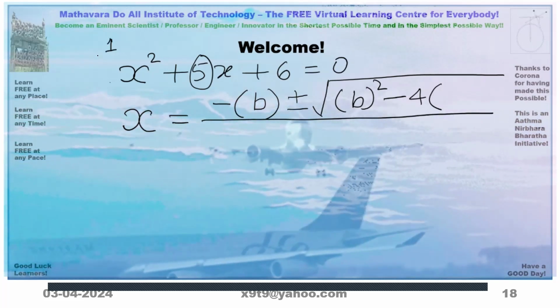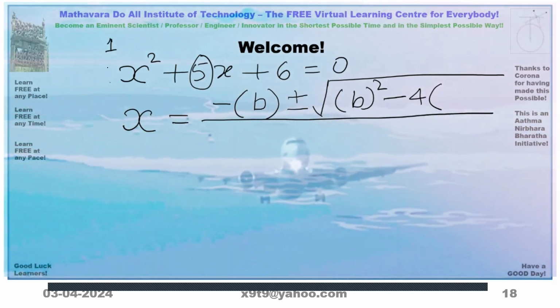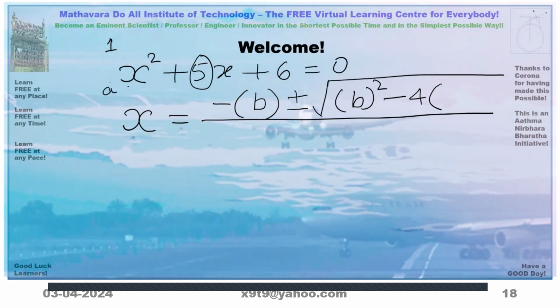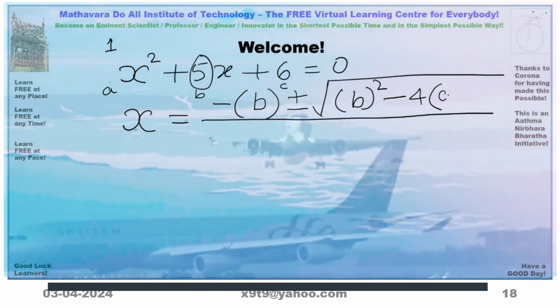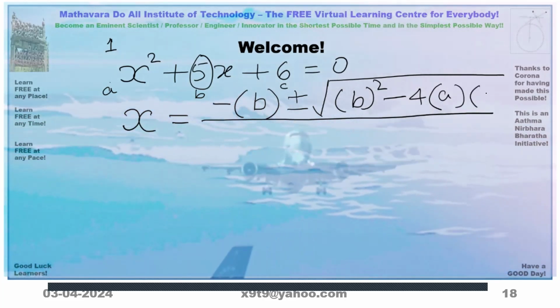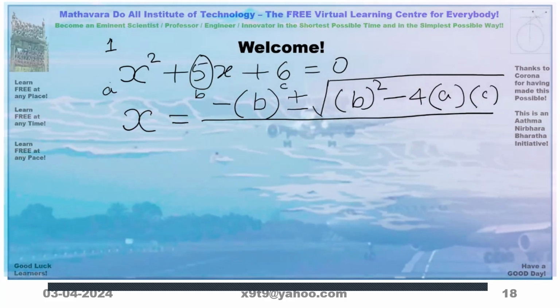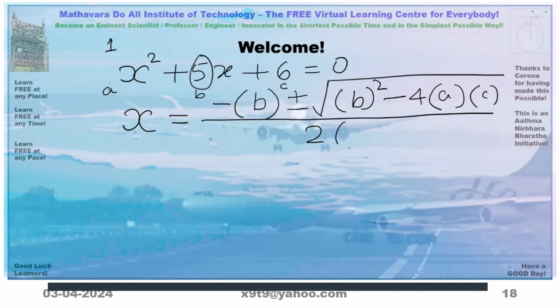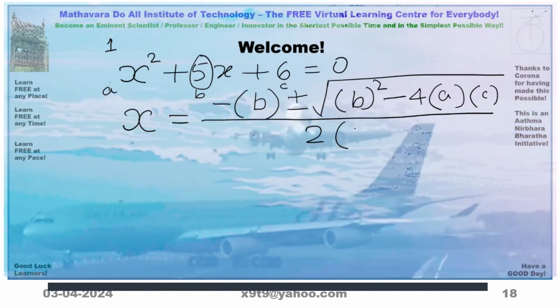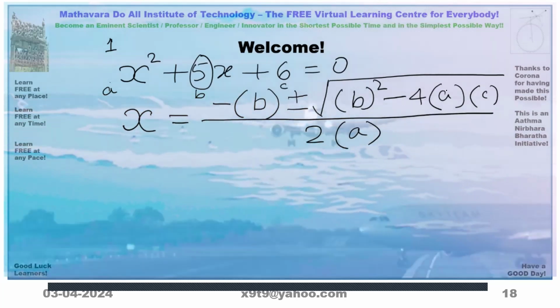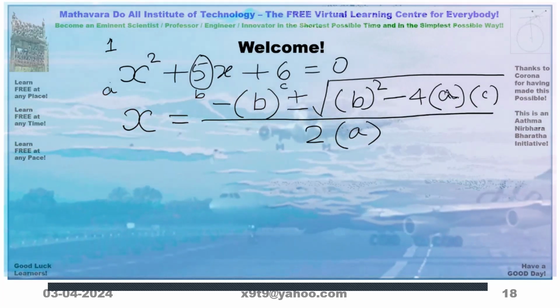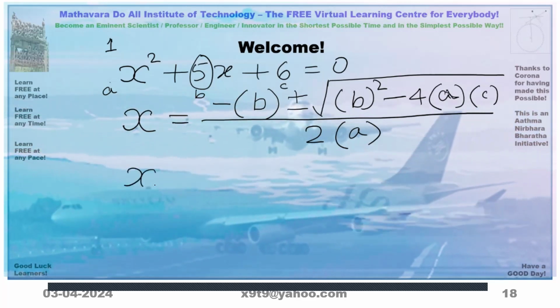This is b, this is c. So normally we will be writing a, b, c in the formula. Are you able to follow this one? Remember the formula? This is the formula.